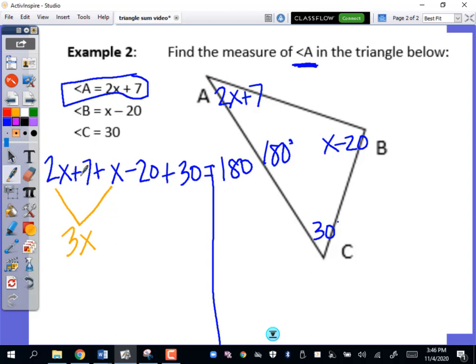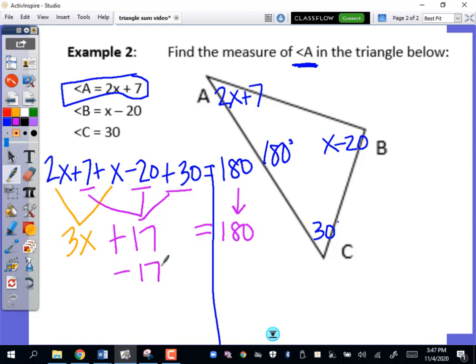And then I'm going to add my other numbers. The 7, negative 20, and 30, we're going to add all those together. We would type in our calculator 7 plus negative 20 plus 30, which is 17. So we're going to put plus 17 equals 180. Then I'm solving, so I've got to move 17 to the other side.